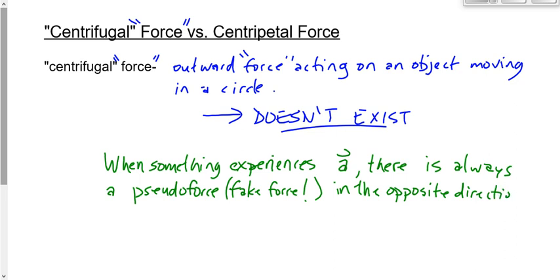So in this case, as an object moves in a circle, there is a centripetal acceleration, which is an inward acceleration. What are we going to perceive? We're going to perceive this fake force pushing outward.